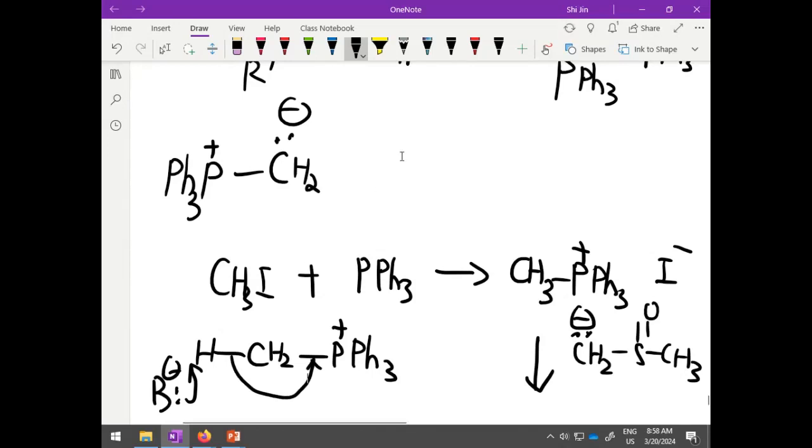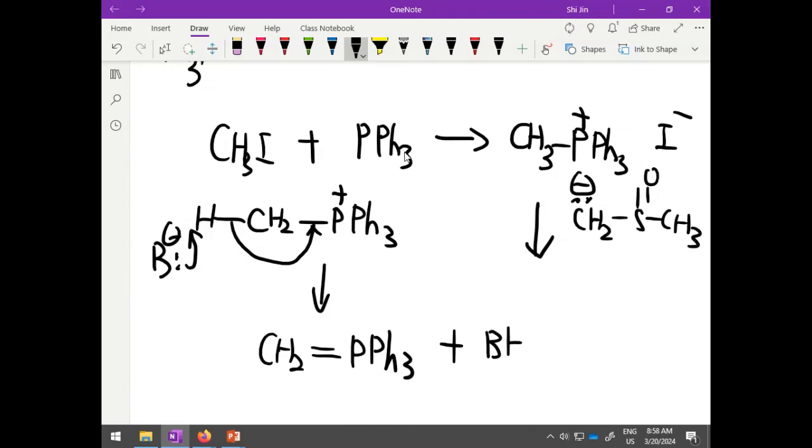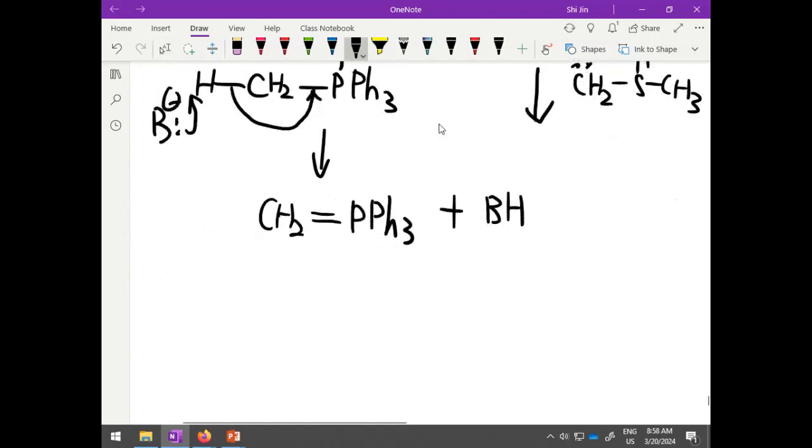That gives you the ylide, CH2PPh3. Of course the base takes the proton away, and this one is the ylide.